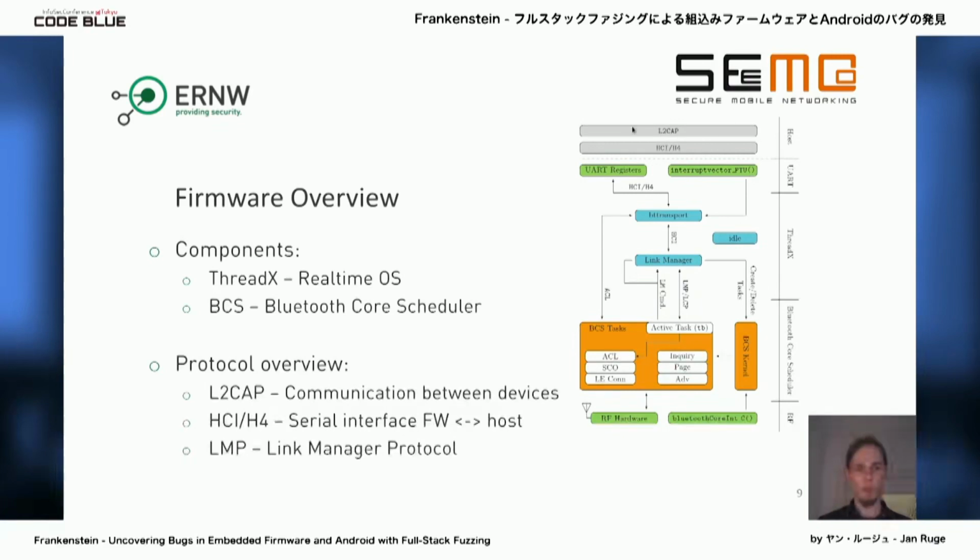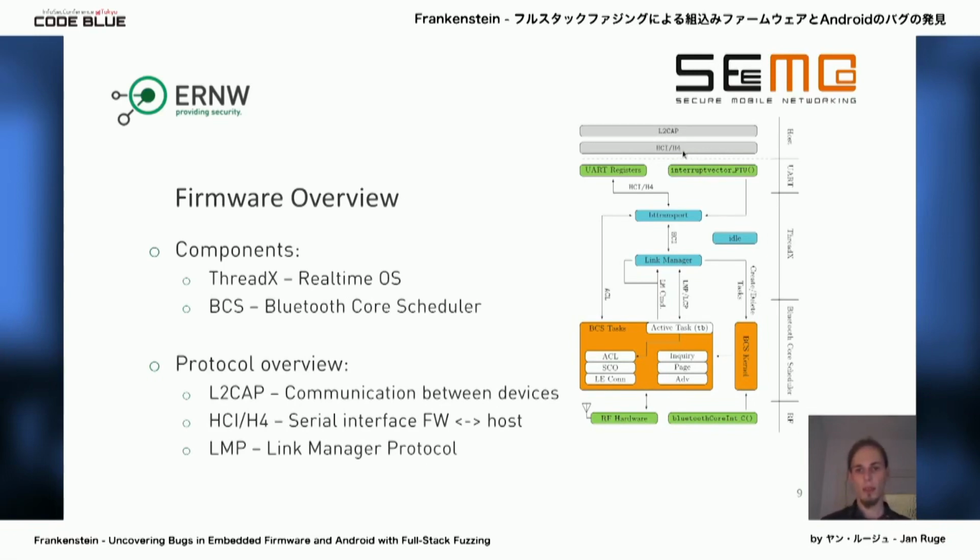with the host. So if you already have some experience with Bluetooth, you might know L2CAP, which is basically the lowest layer protocol that you normally speak between two devices. This is directly passed through the firmware. Then we have HCI, which is the protocol spoken between the host operating system and the controller over a serial interface.